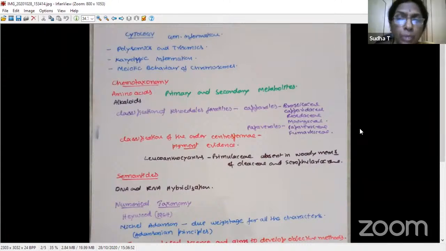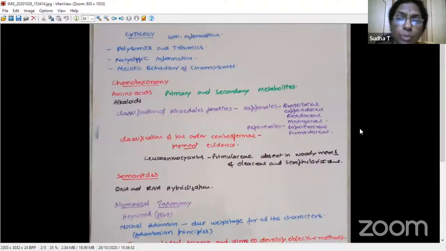They are all polyploids. In the wild, we might observe some diploids. That is the evolution point: from haploid to diploids and polyploids. So based on the chromosome number, as I told you, it is constant.